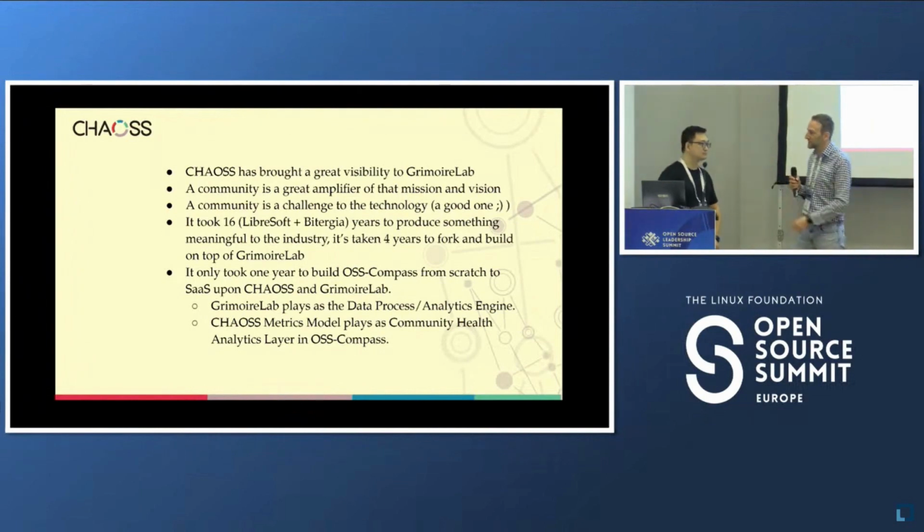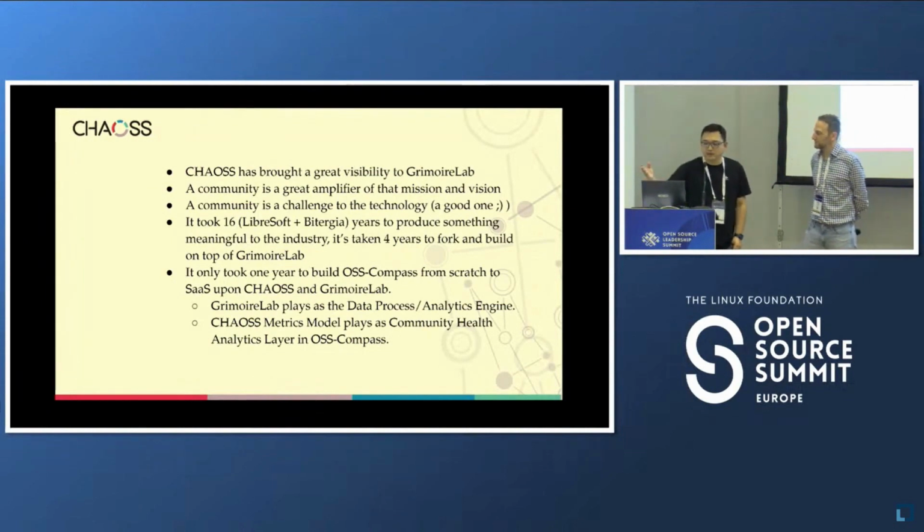And then if you can share some more thoughts on OSS Compass. Yeah, it only took 1 year to build OSS Compass from scratch to a SaaS platform, plus the theoretical platform. And while we created the whole thing, we got a lot of support from the CHAOSS community, and also from BTG engineers.